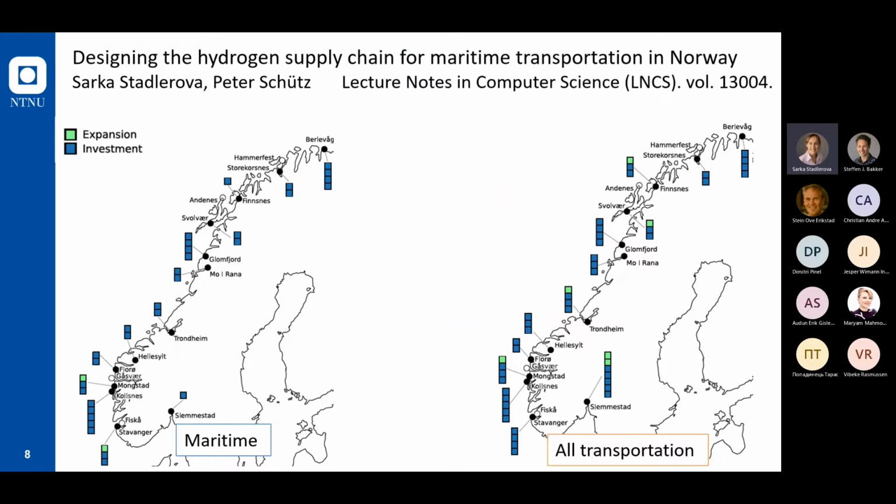The figure on the left-hand side shows the infrastructure, the locations with open facilities and their capacities for maritime demand, and the right figure shows the infrastructure for all transportation demand. The common feature is that in both scenarios, we open only electrolysis facilities.